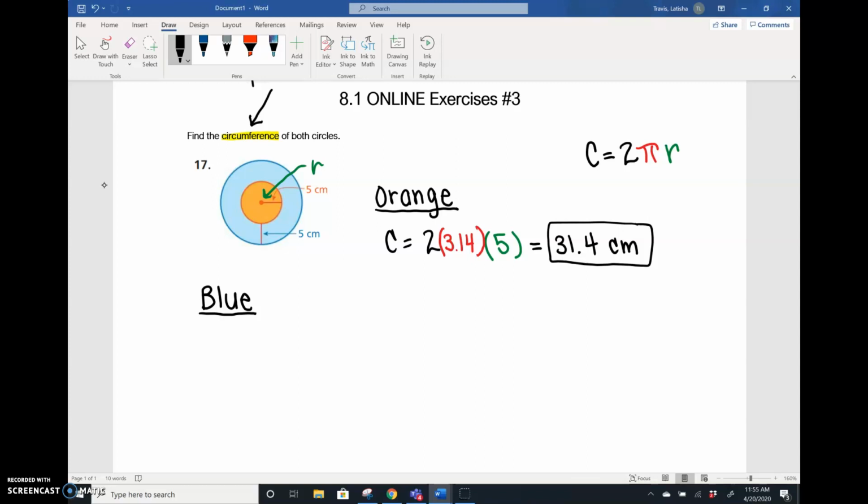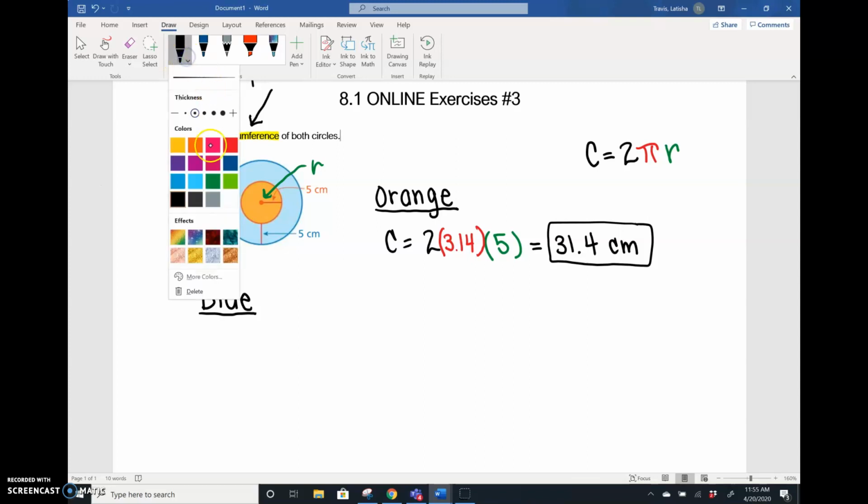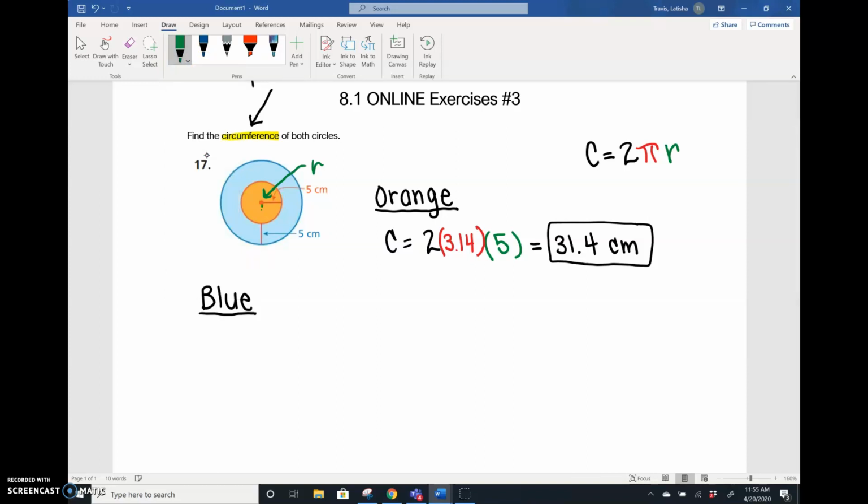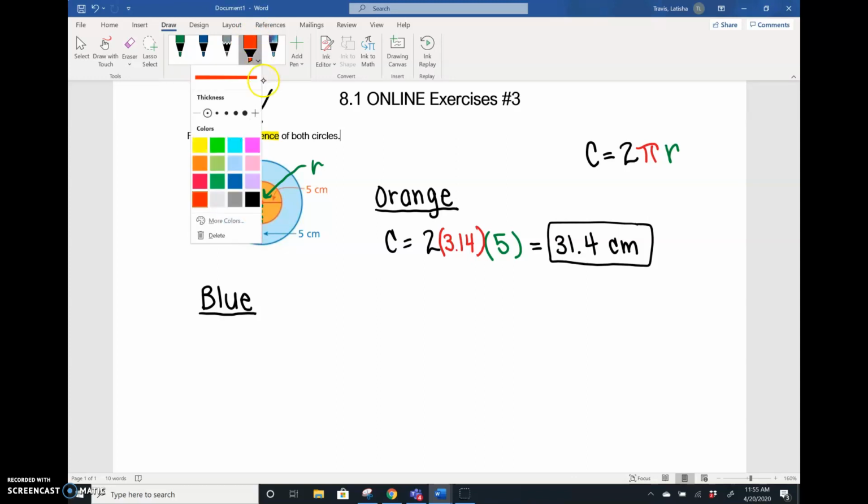The radius of it is the radius of the orange circle plus the dimension here shaded in the blue shaded area. Okay, it's hard for me to describe. I'll do my best though. So I'll highlight this in pink.